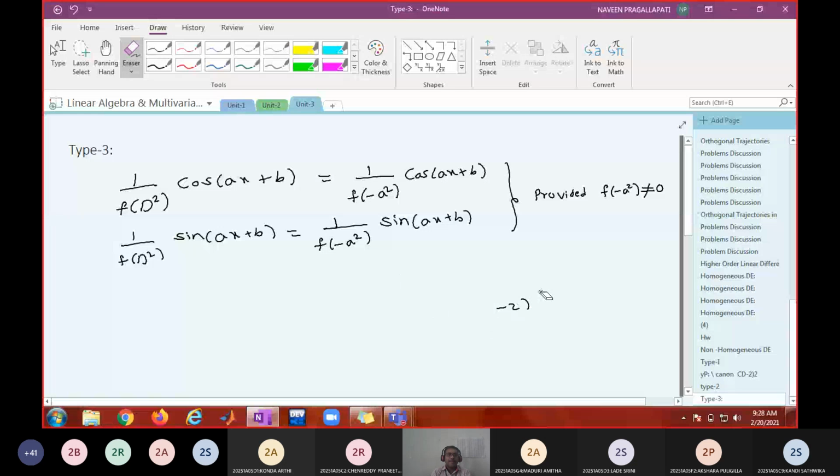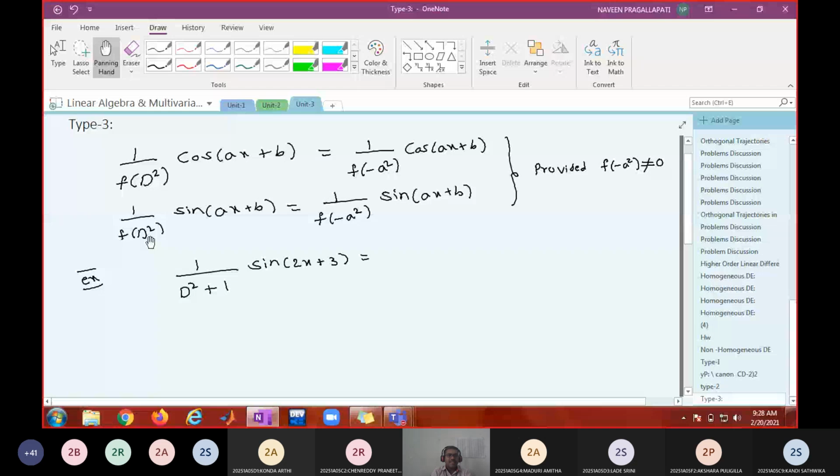Okay. So for example, if you are having 1 by d square plus 1 sin 2x plus 3. What is this? According to this result, replace d square with minus a square.